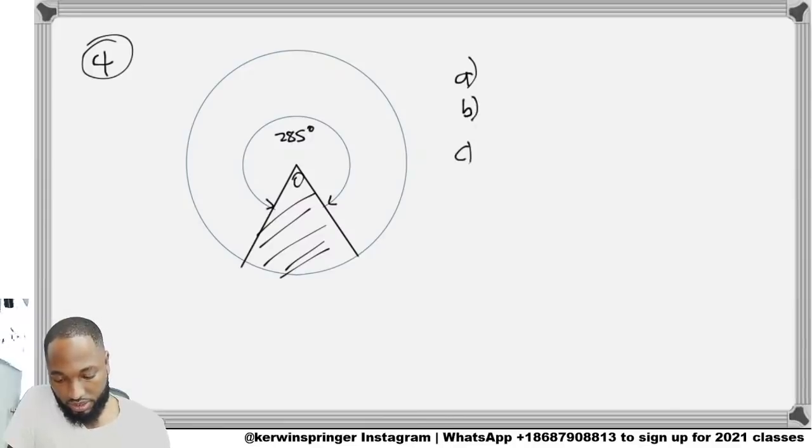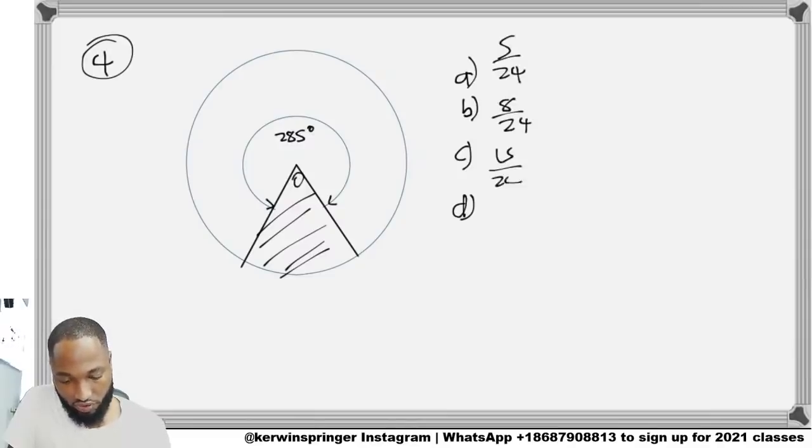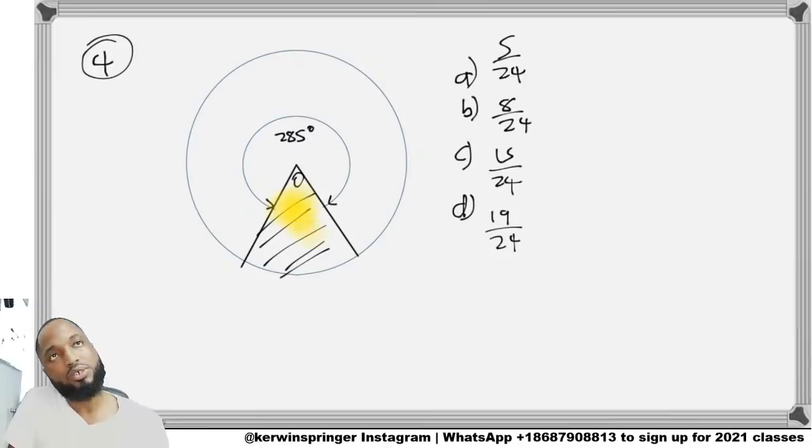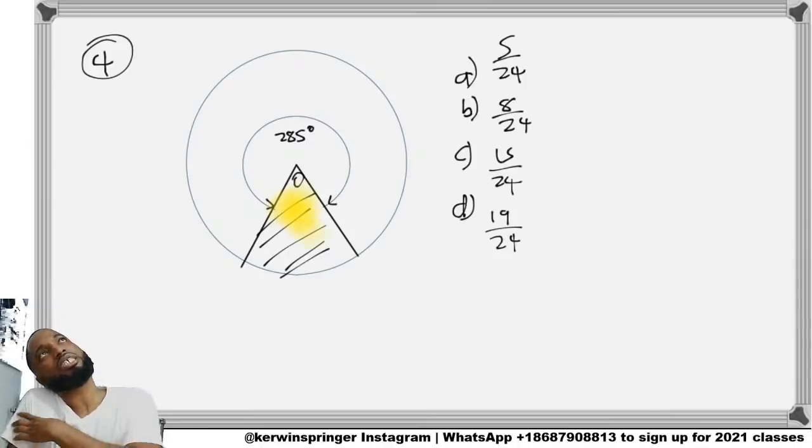The options are A, B, C, D: 5 over 24, 8 over 24, 15 over 24, and 19 over 24. You'll do that question quickly. What you need to do is subtract from 360 and find the missing angle here. So it will end up being 15 plus 60 is 75.